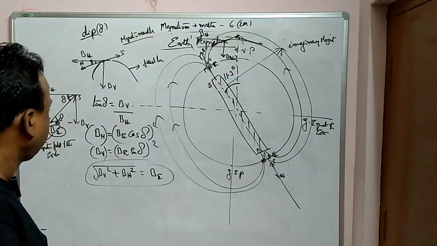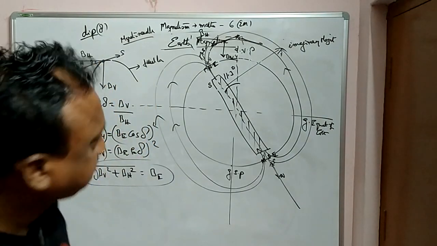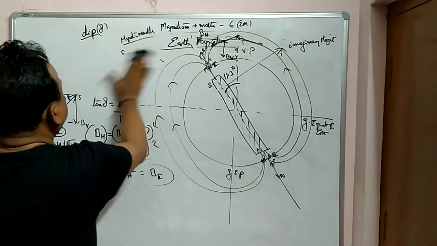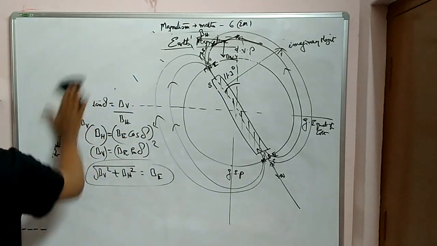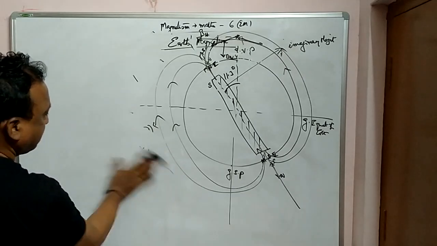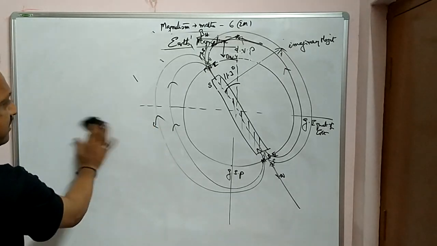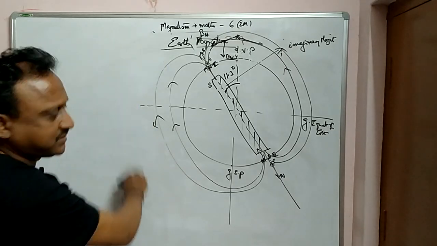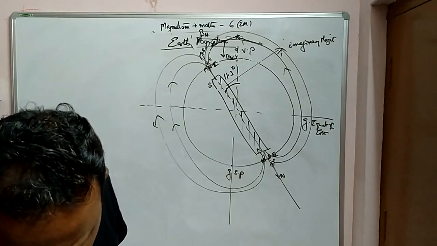Clear? Any doubts? Note down these formulas. Very, very important, please. BE cos delta and BE sin delta, horizontal and vertical components, values. Clear? Any doubts regarding the concept?